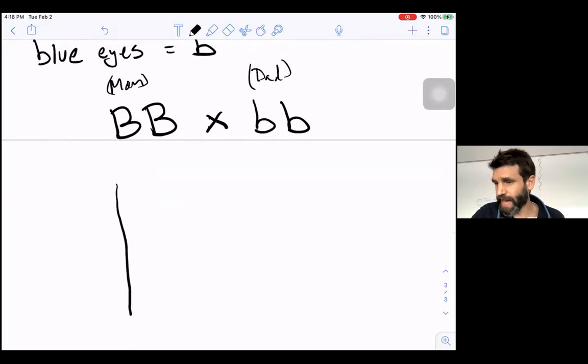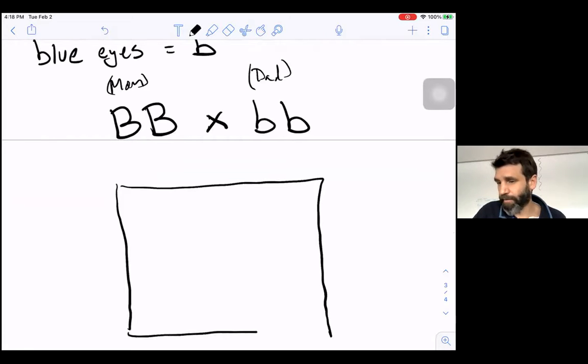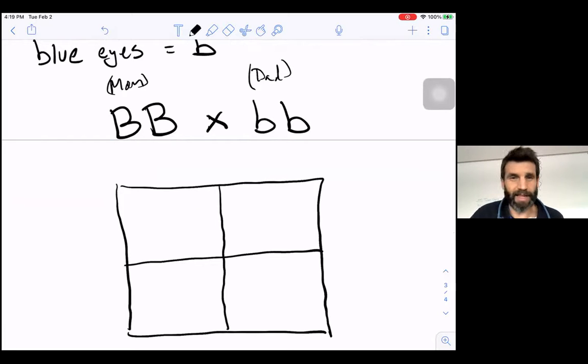So we create this little square that we call a Punnett square, named after Reginald Punnett, who came up with this little scheme, gosh, I don't know, 100 years ago or so. And that really helps us determine the offspring.